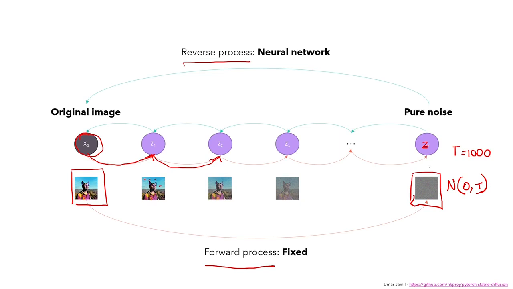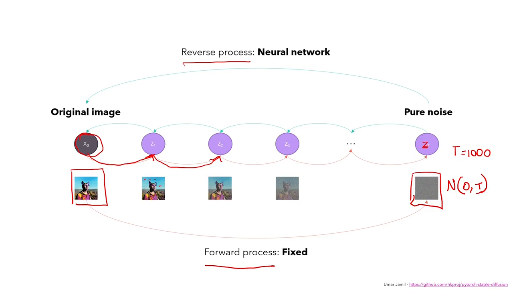This forward process is fixed. We define how to build the noisified version of each image given the previous one. So we know how to add noise, and we have a specific analytical formula on how to add noise to an image. The problem is we don't have the analytical formula to reverse this process.